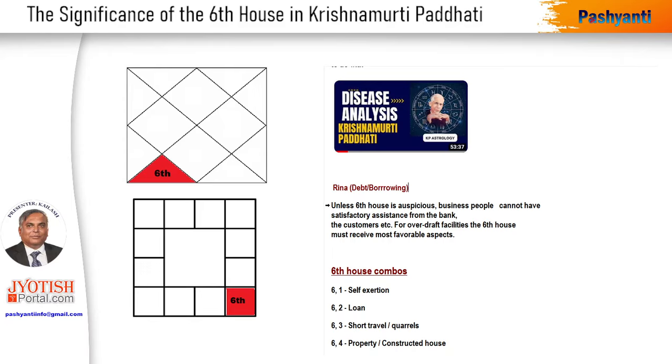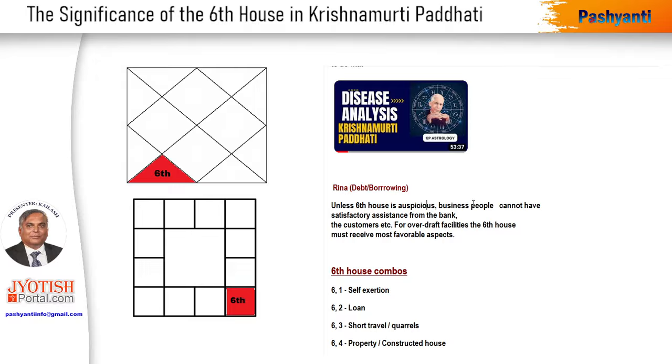Shri Krishnamurti has mentioned that unless the sixth house is auspicious, people cannot have satisfactory assistance from the bank. Now these days bank will give the loan. They are there to give the loan. The idea here is that if the sixth house is good, in the sense that a person should be able to pay off the loan.